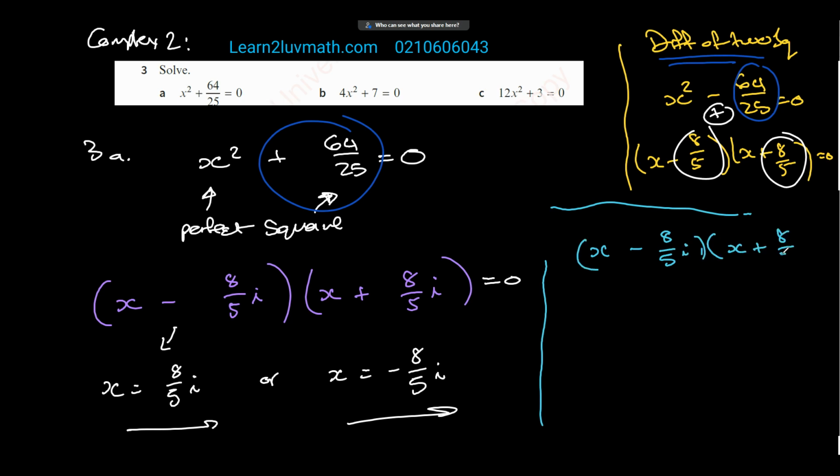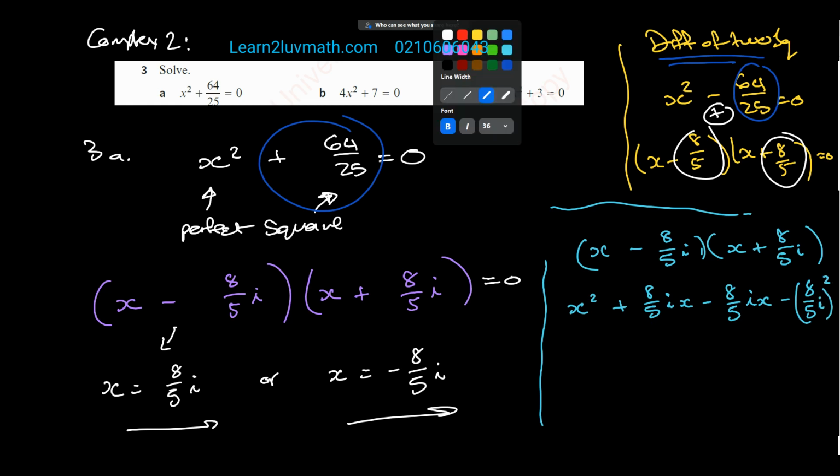Let's just check why this would be true. This becomes x squared plus 8 over 5 i x minus 8 over 5 i x minus 8 over 5 i squared.